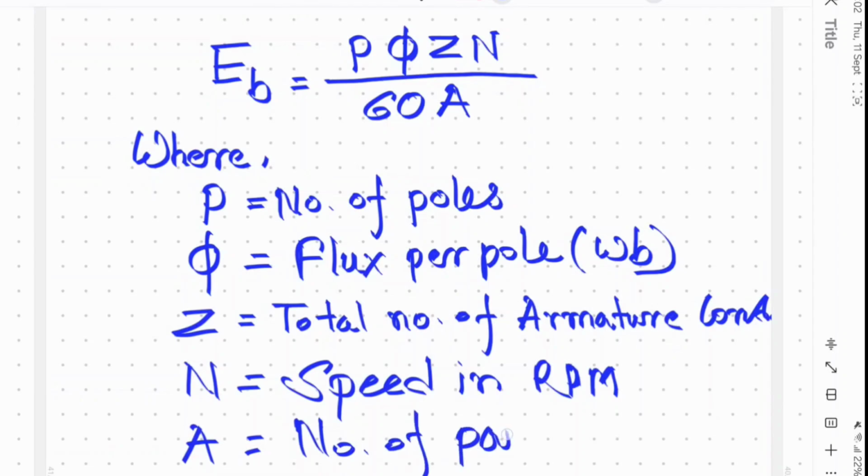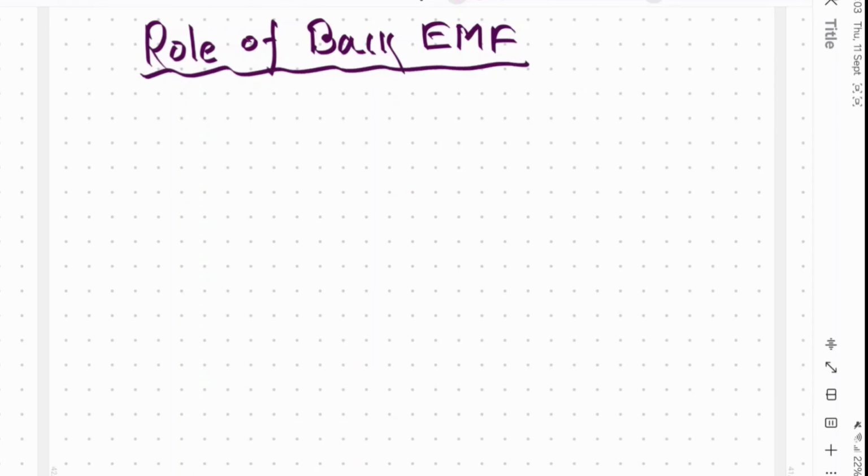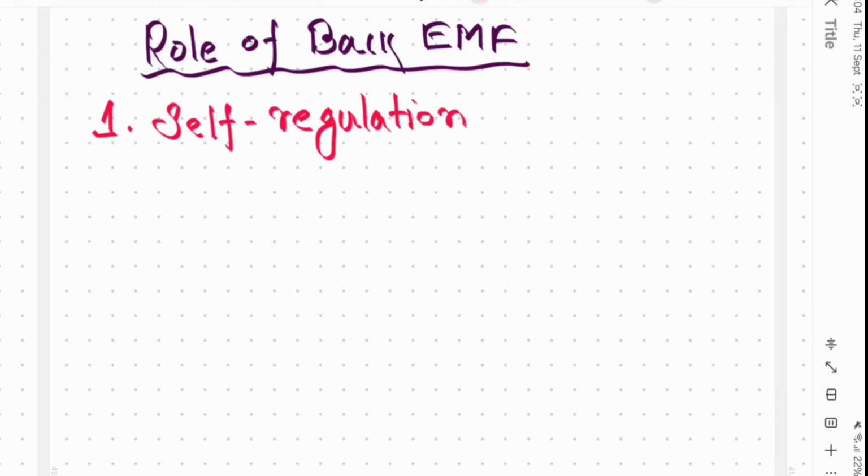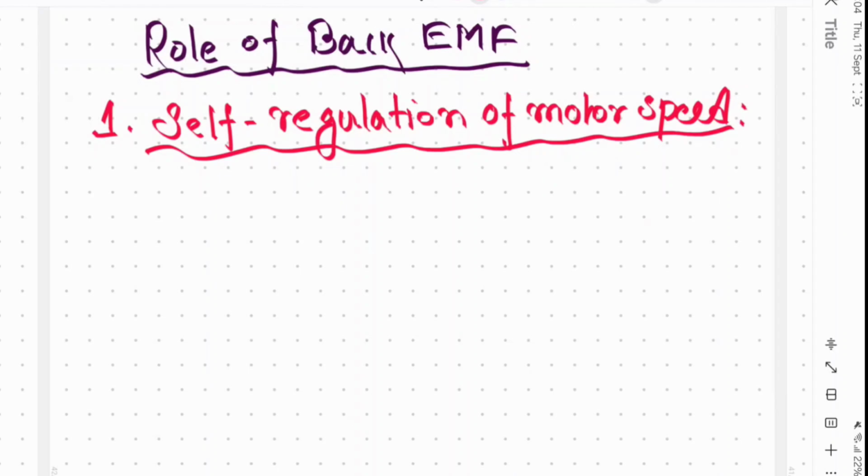Now we'll see what is the main role of back EMF. So the first one is self regulation of motor speed. So what is self regulation of motor speed?